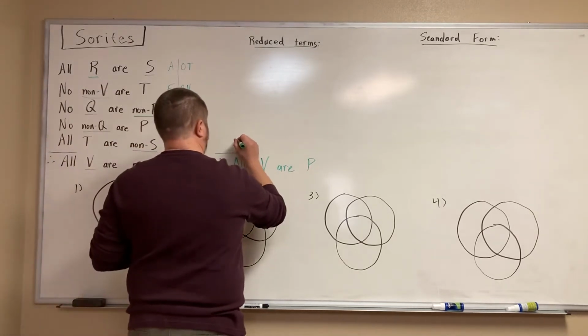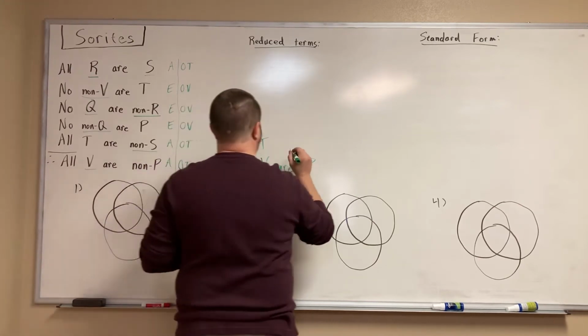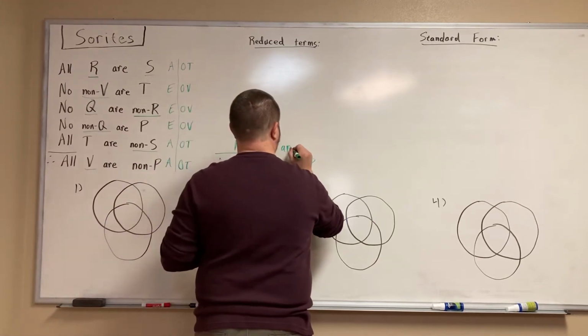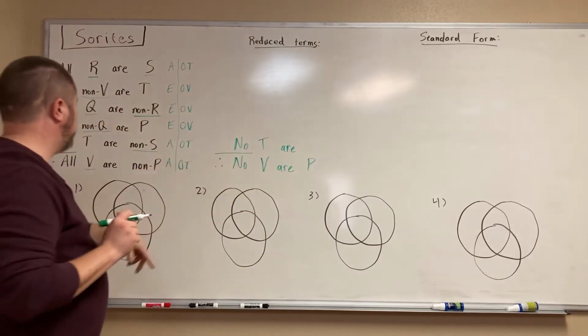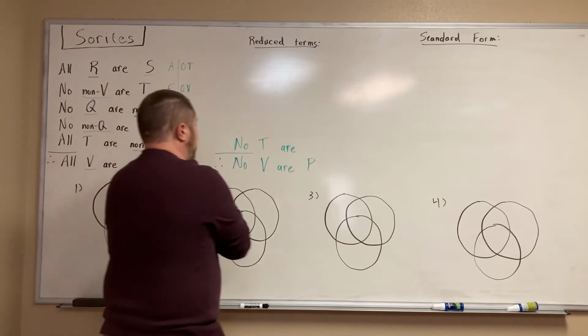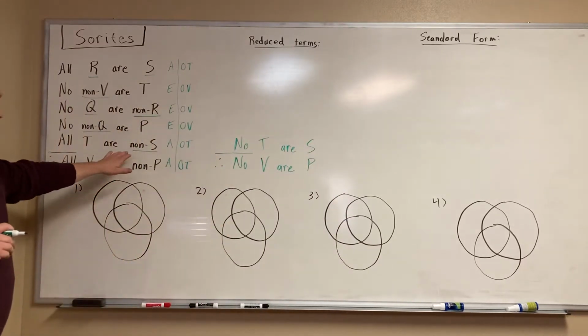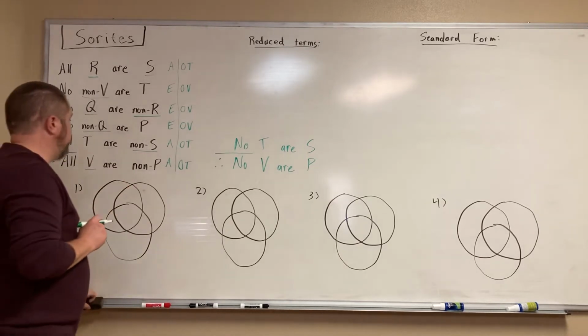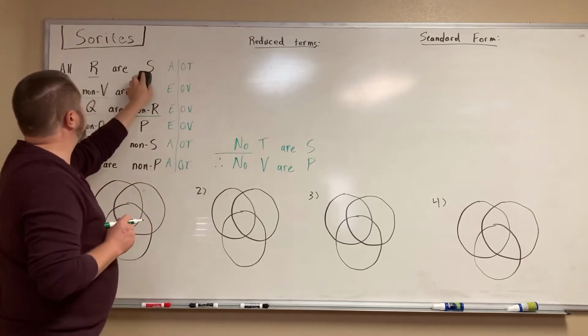So we're going to change that to no T, quality is going to change. First term is going to stay the same, and then we're going to complement the predicate. So we have no T or S. All right, so we have S is now the same.